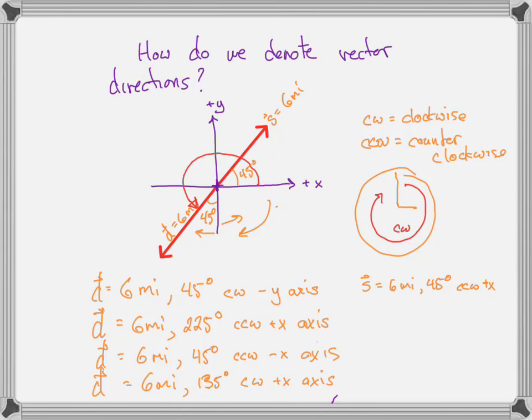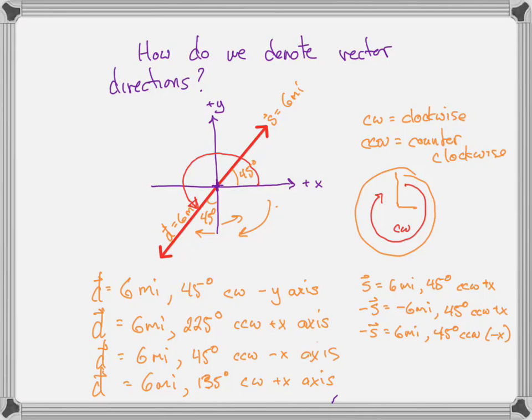Okay, but notice, what is minus s? Minus s equals minus 6 miles, 45 degrees counterclockwise from the plus x-axis. We can pull that minus sign out and say it's 45 degrees counterclockwise from the minus x-axis, right?